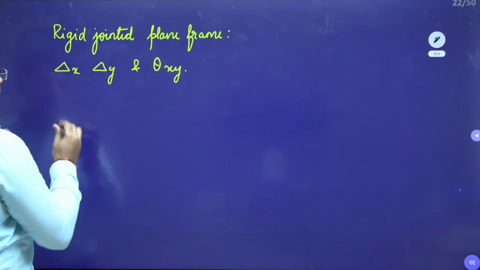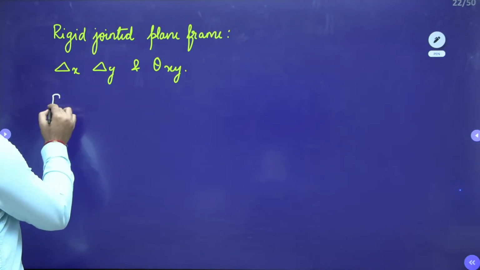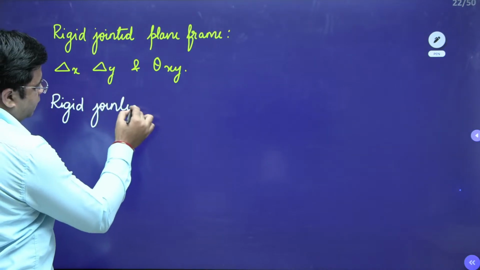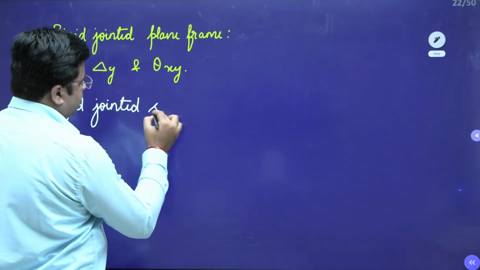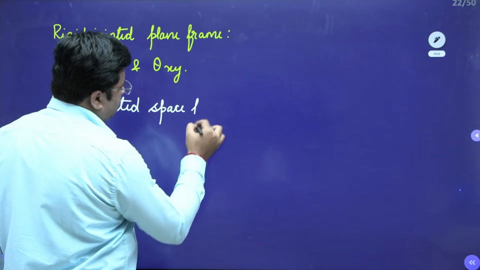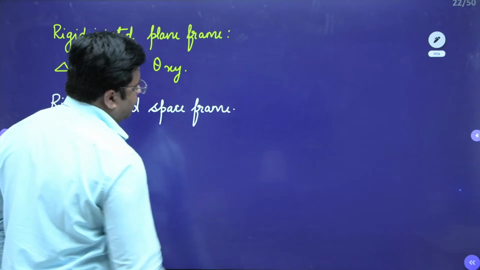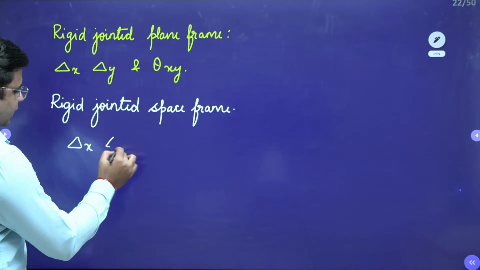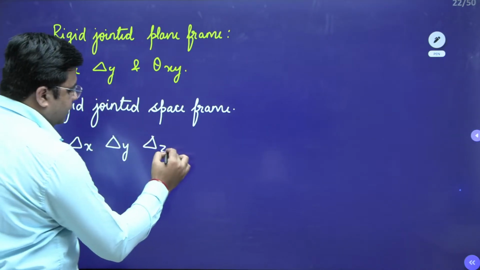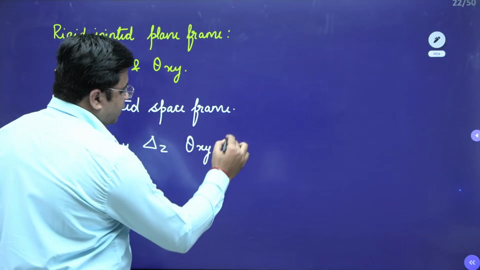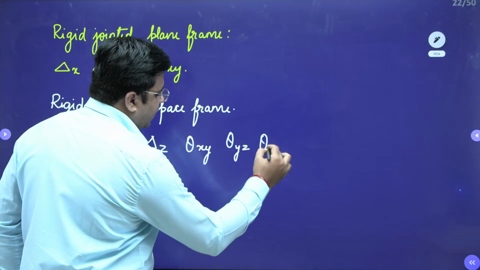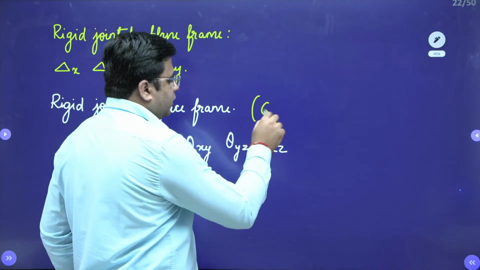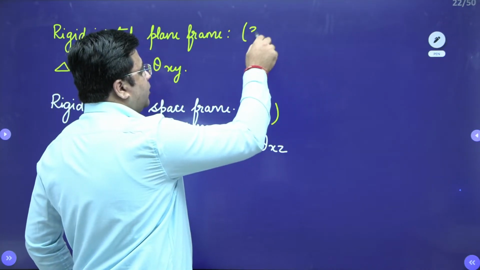For a rigid jointed space frame, I have these translation movements delta x, delta y and delta z. Then I have theta xy, theta yz and theta xz. Due to all this, the total degree of freedom for rigid jointed space frame is 6 and for rigid jointed plane frame it is 3.